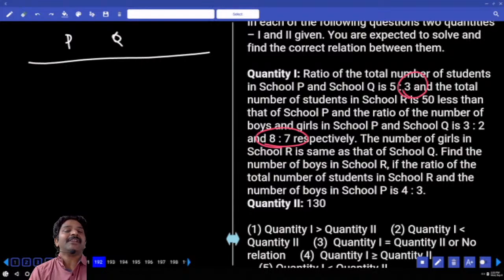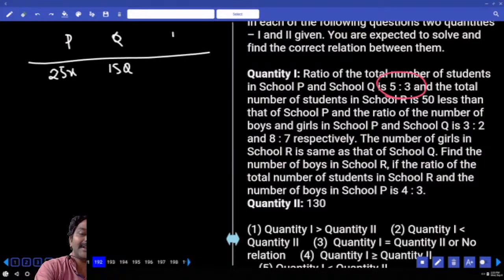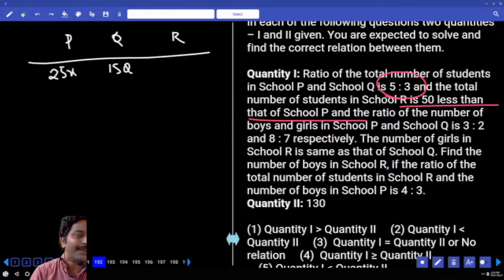To make it a multiple of 15, with what number do you need to multiply? 5. So now I'll start taking 5:3 as 25x and 15x. And then we also have R, which is 50 less than people in P.